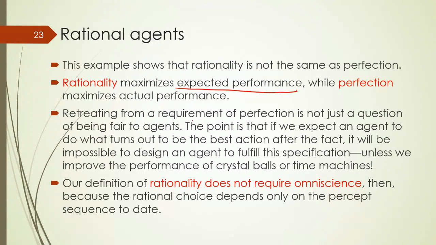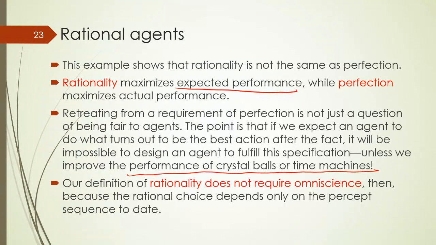Retreating from a requirement of perfection is not just a question of being fair to agents. The point is, if we expect an agent to do what turns out to be the best action after the fact, it will be impossible to design an agent to fulfill these specifications unless we improve the performance of the crystal ball and time machine.